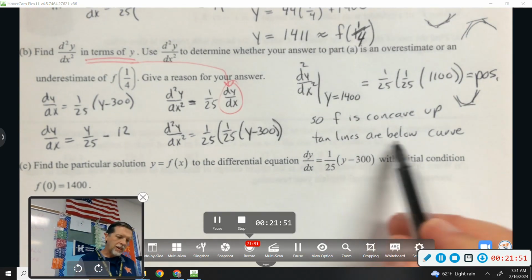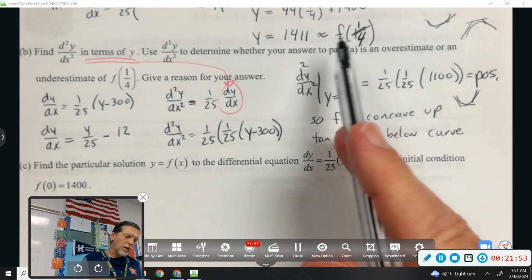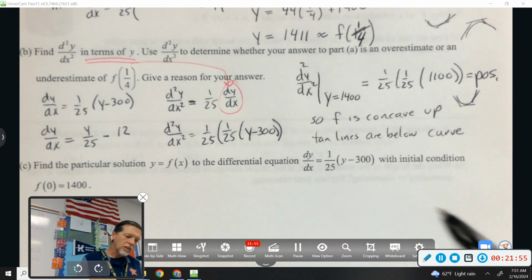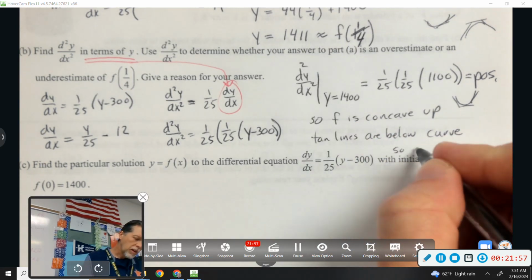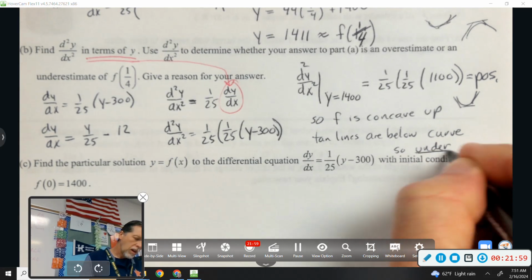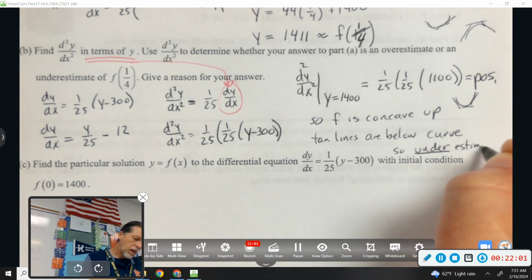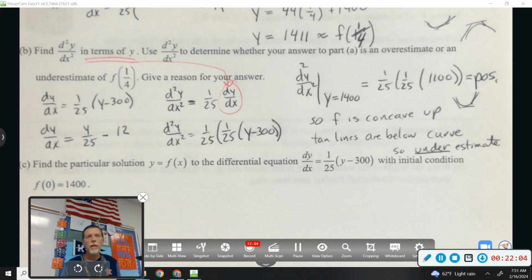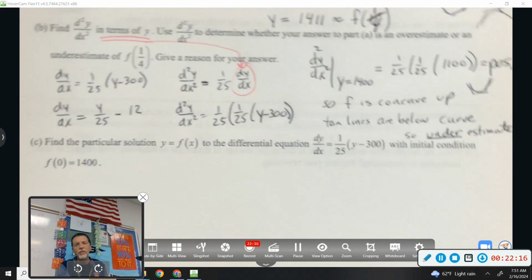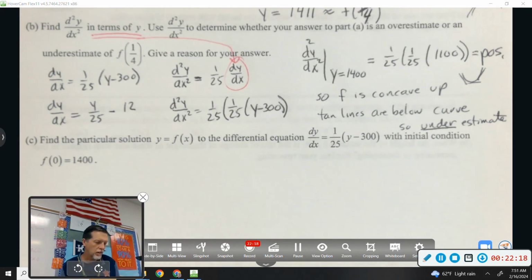And if my tangent lines are below the curve, then my approximation is an underestimate. Pretty common question to ask you to find a tangent line, use it to get an approximation, take a second derivative, and then figure out if your approximation is over or under.